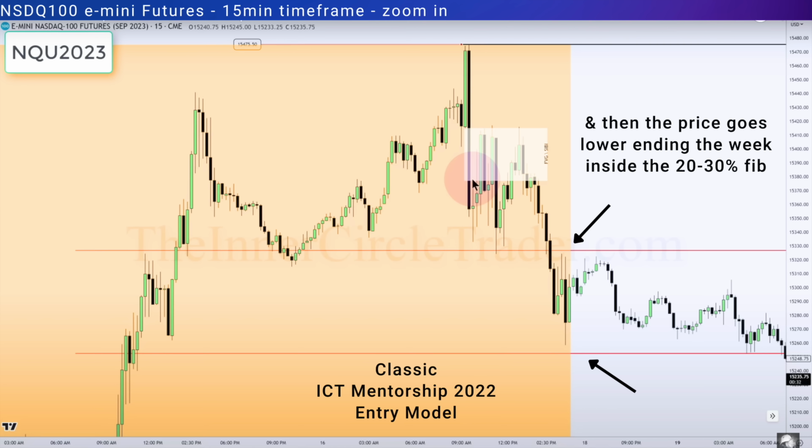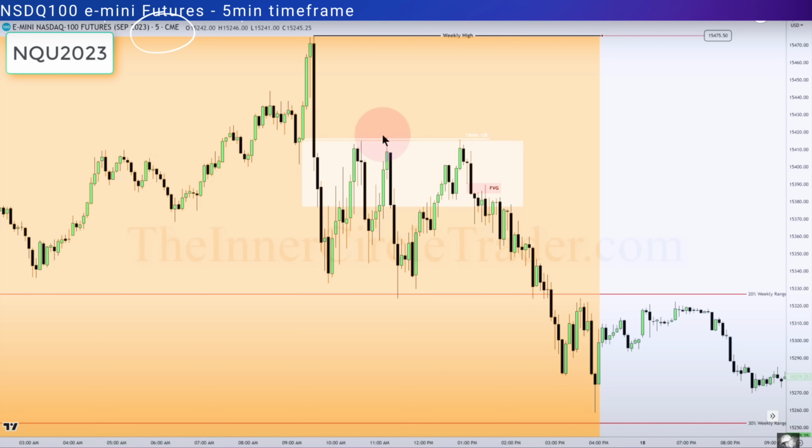Let's switch and let's go back now to a lower time frame. So from the 50 minutes time frame, let's go to the 5 minutes time frame. What we can see is just precisely the classic ICT Mentorship 2022 entry model. We can see here the fair value gap. We can see the weekly high and the 2 red lines that regard the 20% weekly range and the 30% weekly range.